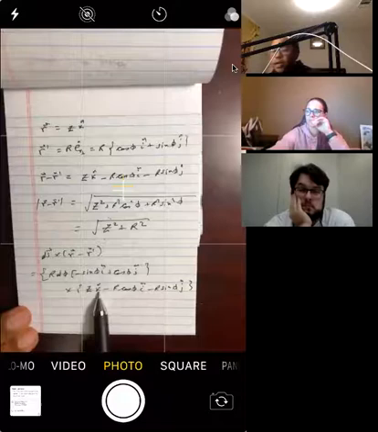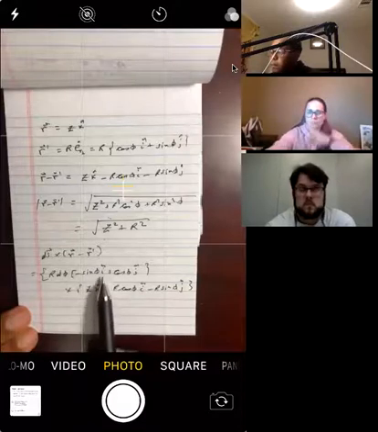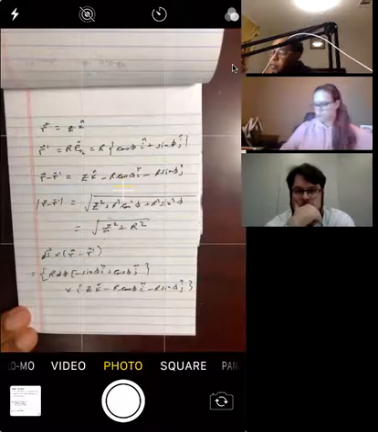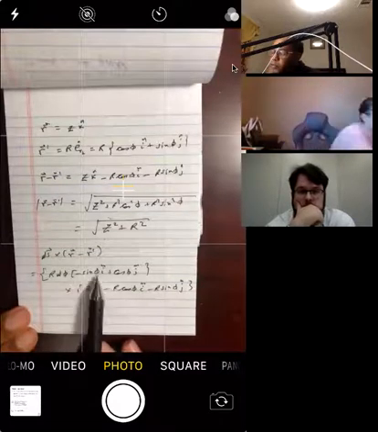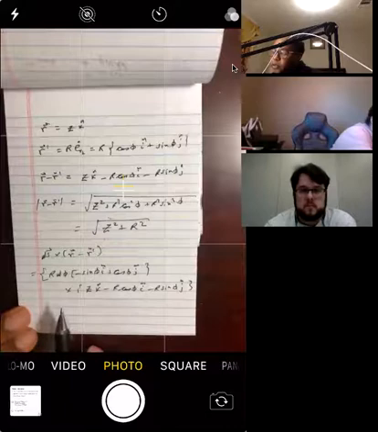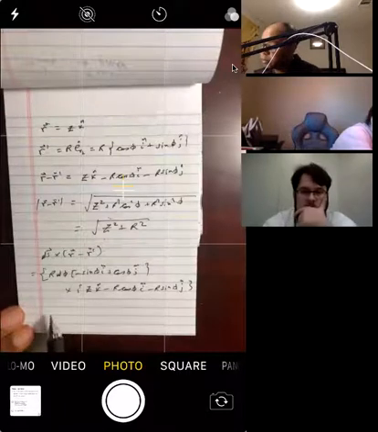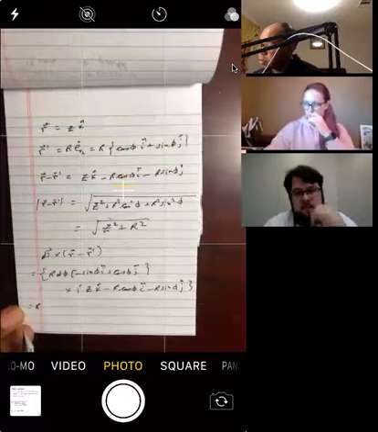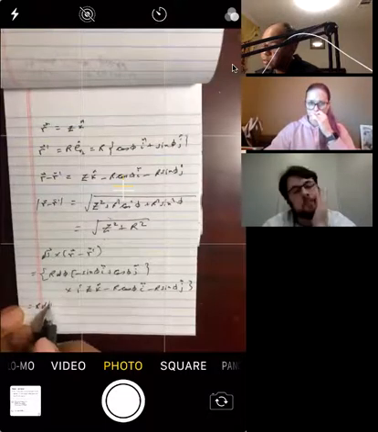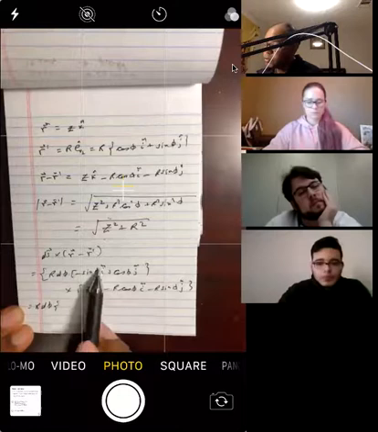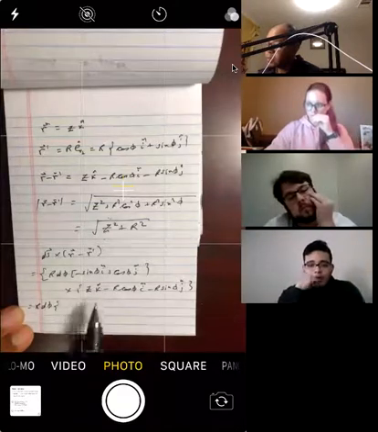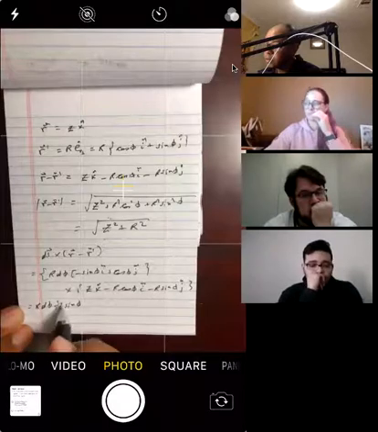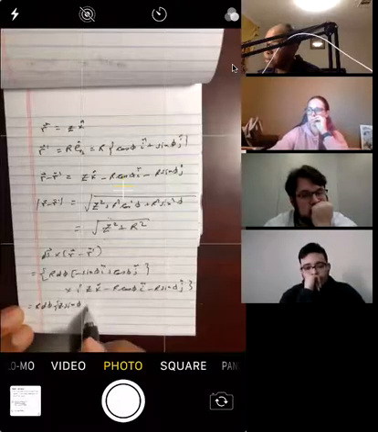So what is i cross k? Negative j. i cross k is negative j, but we have a negative over here, so that's going to be positive, right? Let me still keep the r d phi outside. This is going to be common. So from these two, I get sine phi z in the j direction, right?